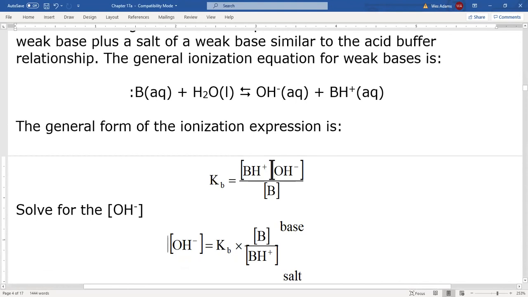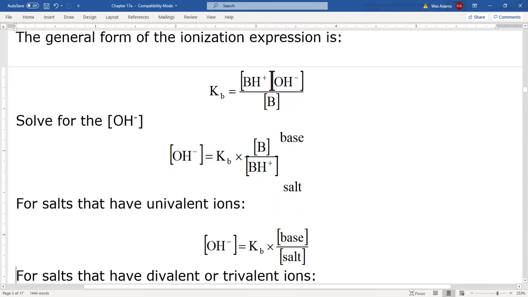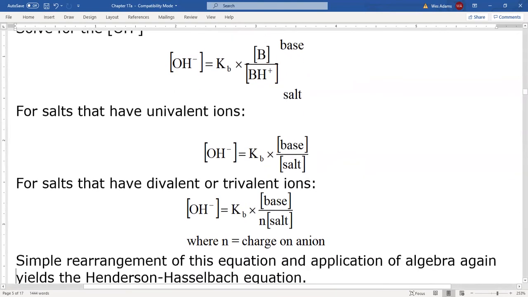So again, solving for hydroxide, the hydroxide is equal to Kb times the base divided by the conjugate acid coming from the salt. If we have univalent ions, we can just not include the n. If we need it, we can throw the n in there, but we don't necessarily need to in our case.